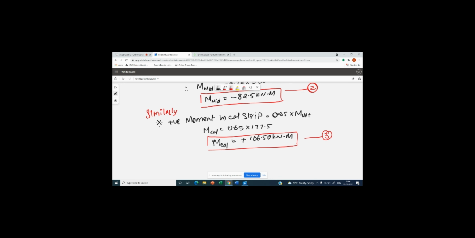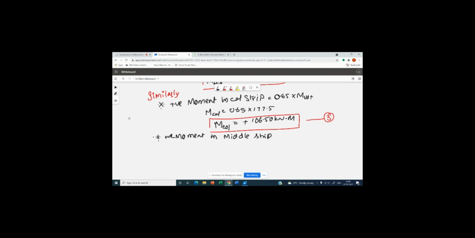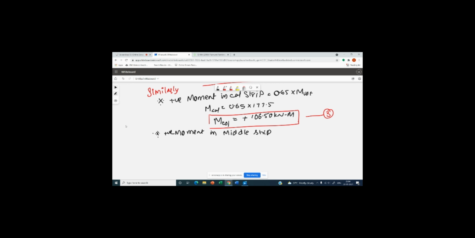Okay. So last is the middle strip, right? The remaining moment of 177.5, positive moment in middle strip. So let us write down 60. Oh, this is 60%, not 65%.